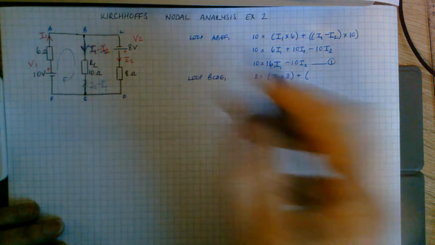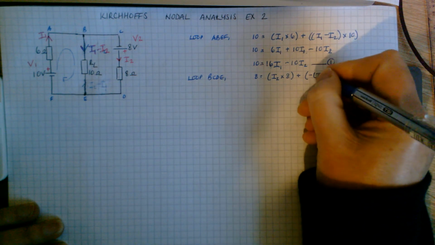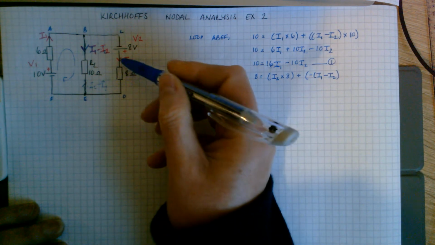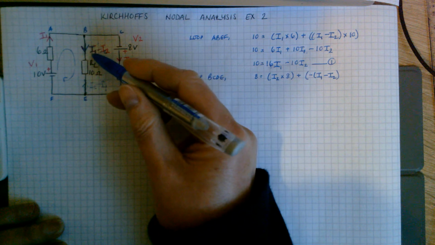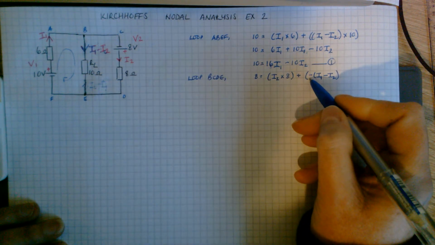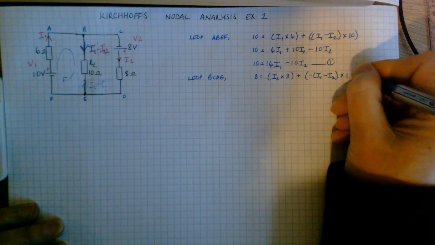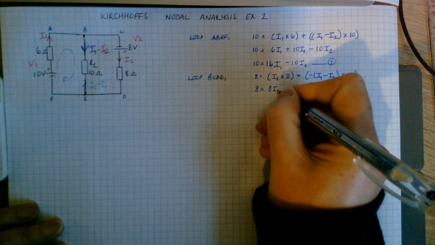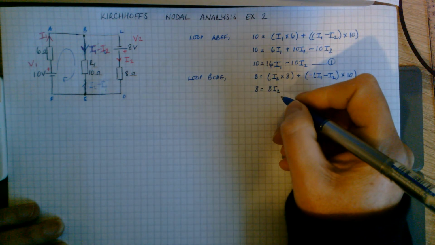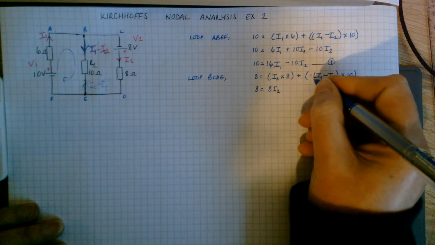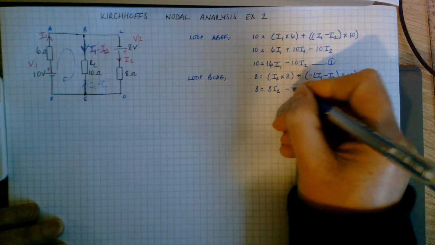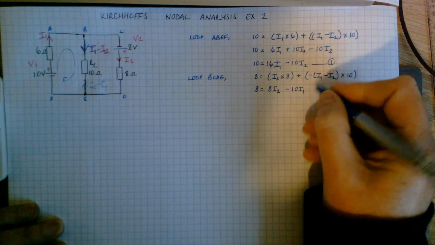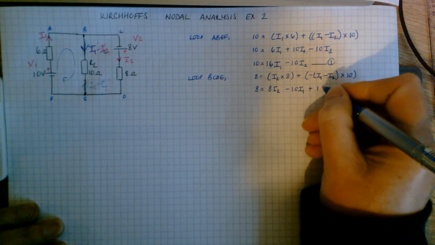So it's not I1 minus I2, it's negative I1 minus I2, because if you follow around that I2 arrow, it goes against that I1 minus I2, giving you that negative sign, multiplied by that 10. Then you've got negative times I1 times 10. Then you've got negative times negative I2, giving you a positive, times 10.